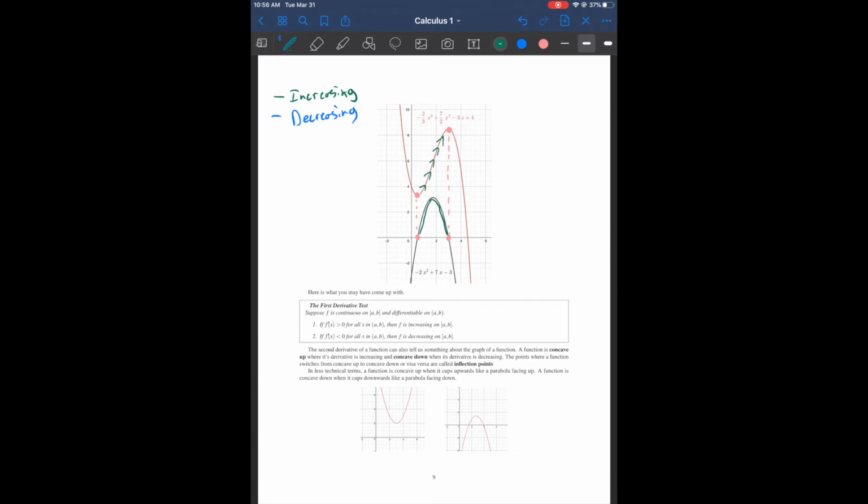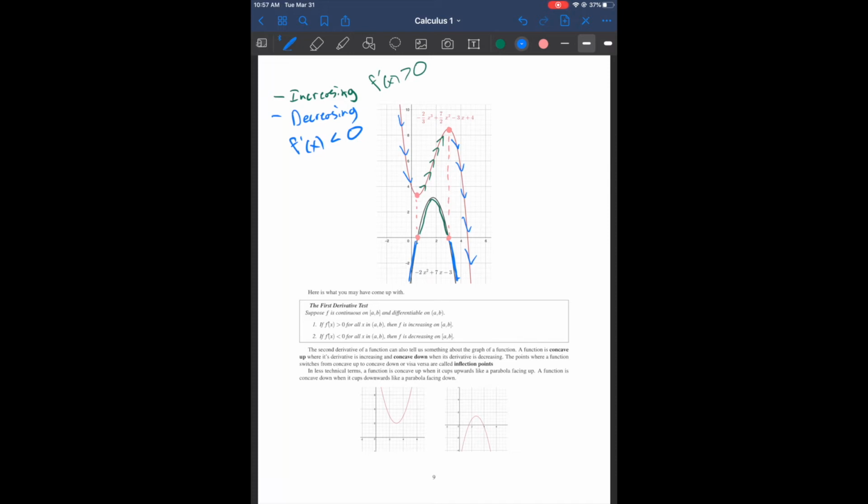We might also figure out where the polynomial is decreasing, so that would be right in this area, and then again in this area, where it starts going down. And if you look at the derivative, precisely in those areas, the derivative is below the x-axis. It's negative. So if a function is increasing, we can expect the derivative to be greater than 0. And if a function is decreasing, we can expect the derivative to be less than 0.